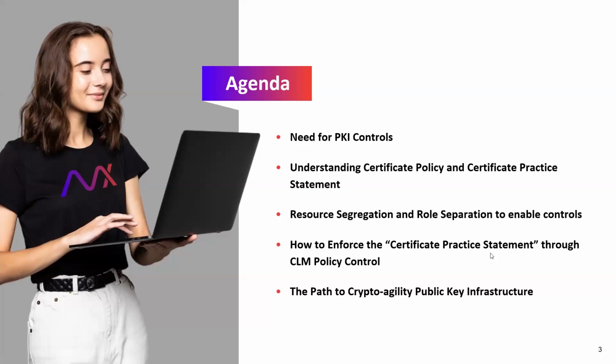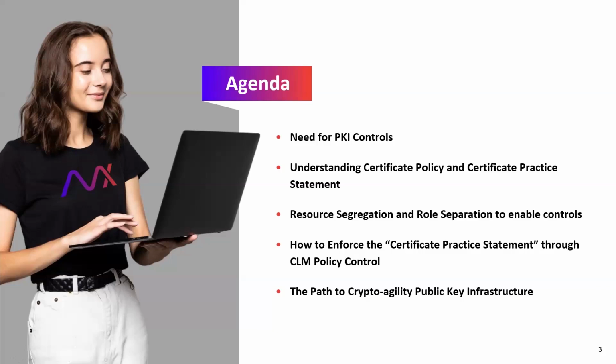The fourth one will discuss how we can enforce your defined set of PKI policies in your CLM, certificate lifecycle management, on a day-to-day basis. And for the final topic, we'll see how we can move forward to a crypto-agile PKI system, not just the certificate alone.